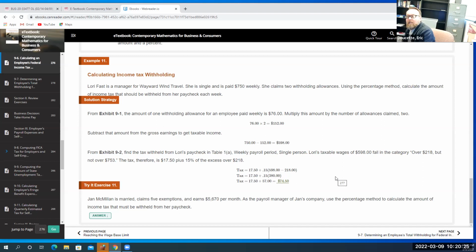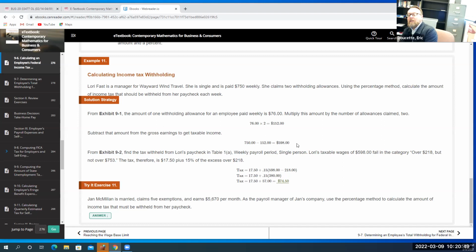So her taxable amount then was $74.50. And again, you have to start with removing those withholdings from her total pay, because you're not going to tax her on the full amount when she has two withholdings. So you got to take that off first. In this case, $750. So we took those two withholdings of $152 out of that total amount.